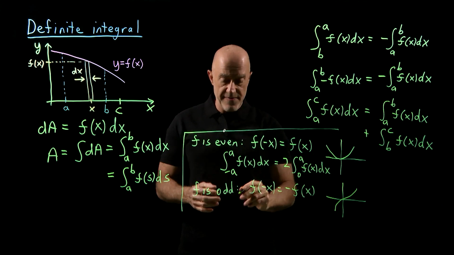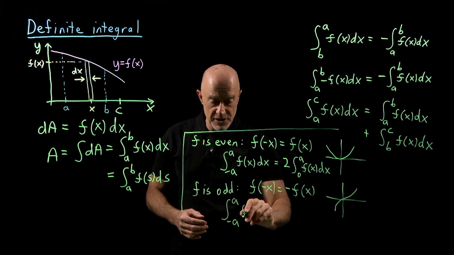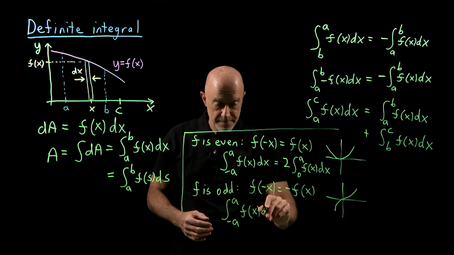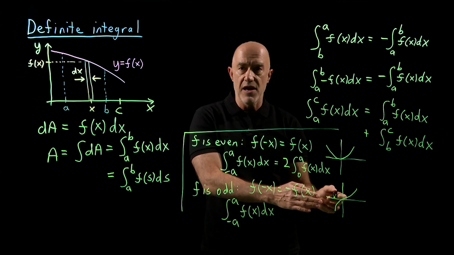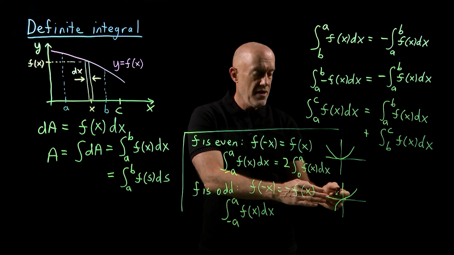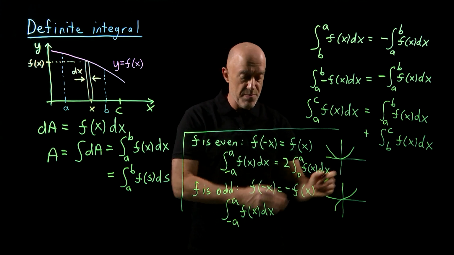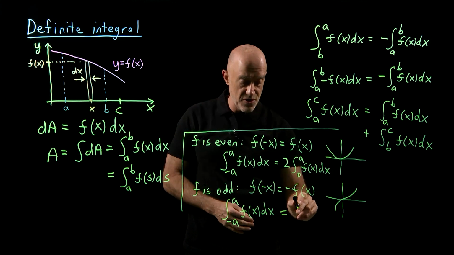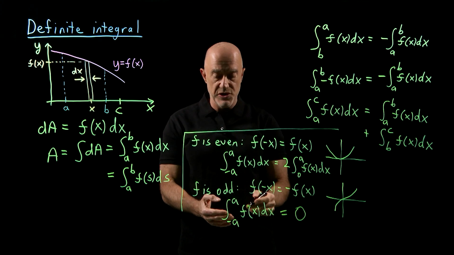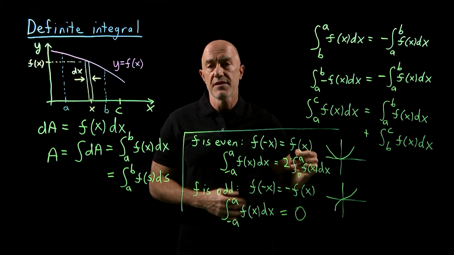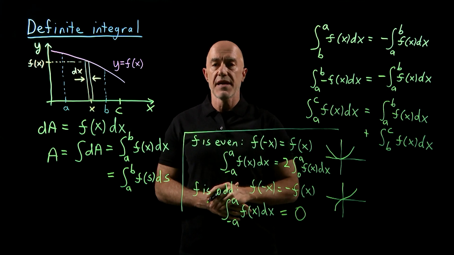Now, if we integrate from minus a to a of an odd function f of x, then on the left side of 0, we would have negative area for this particular graph. On the right side of 0, we would have positive area. They would both cancel, so this integral would just be 0. So the integral symmetric about the origin of an odd function is 0. That's also sometimes a very useful simplification.